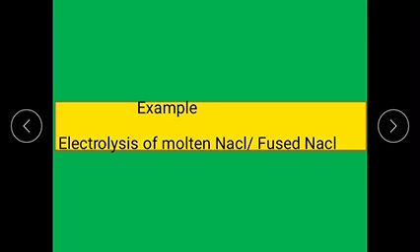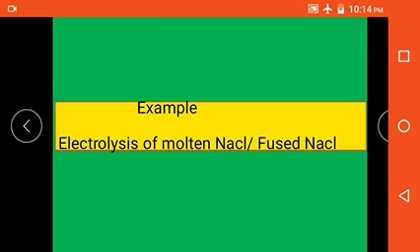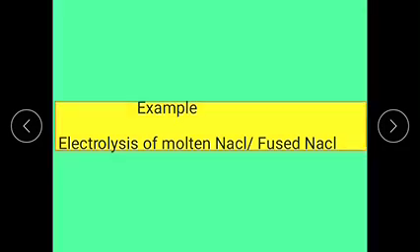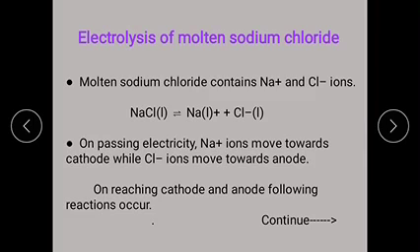In the case of fused NaCl, the fused NaCl is taken into an electrolytic cell. When we pass the electricity, first the NaCl splits into Na plus and Cl minus ions. These ions move towards oppositely charged electrodes.